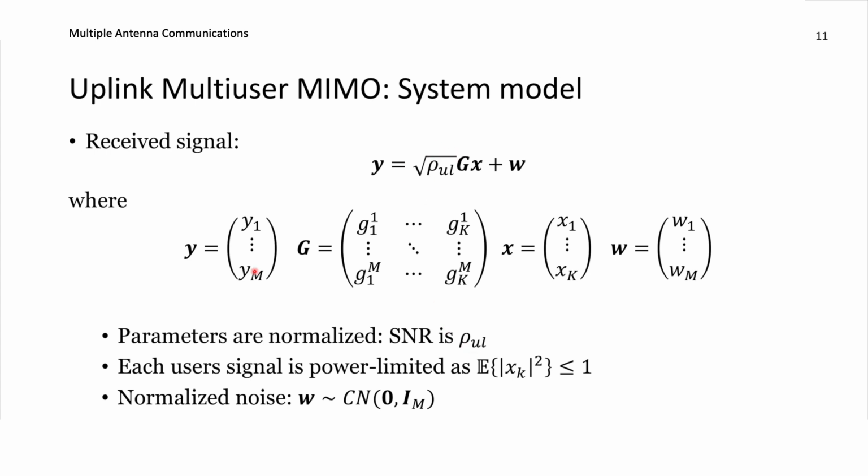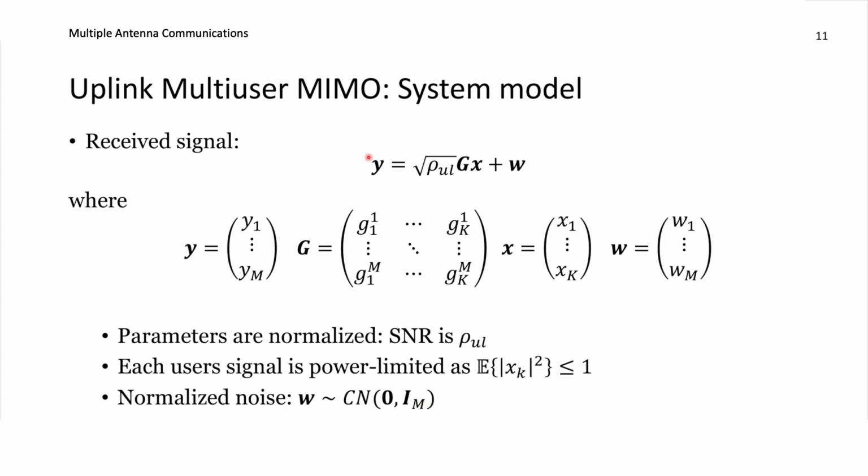And then each user has a signal power that is limited, but we have normalized it such that the expected value of the absolute value squared of the signal for user K should be smaller or equal to 1, and not some particular power P, because all of those things are in this rho term instead. And also, the noise variance has been normalized, so we are moving it into rho uplink here as well. So therefore, each of these elements in the noise vector has a variance of 1.